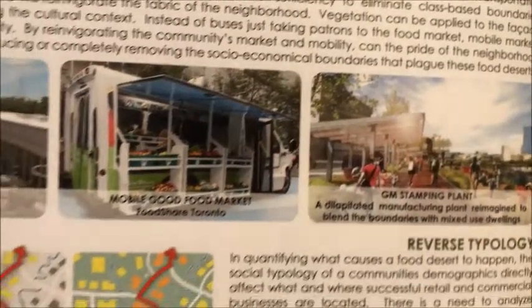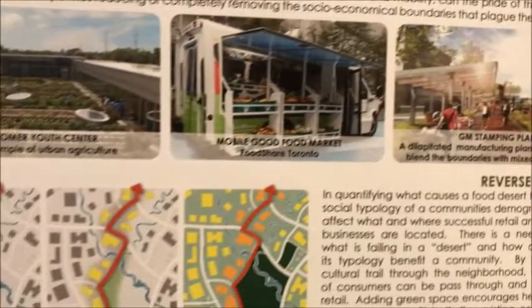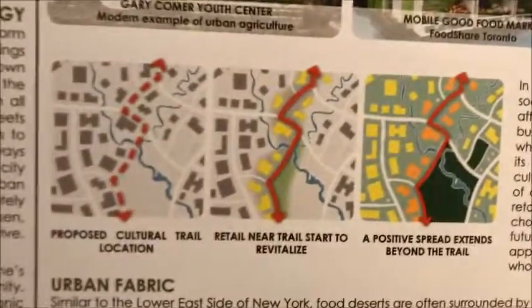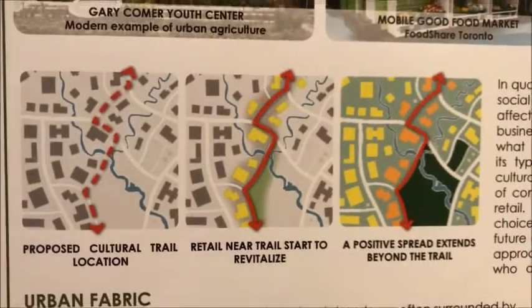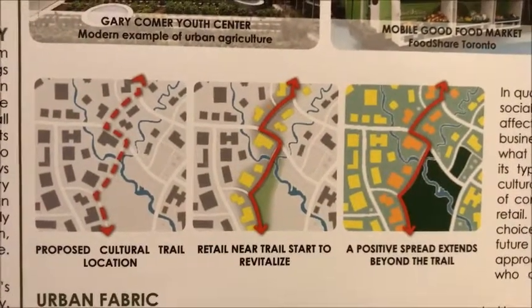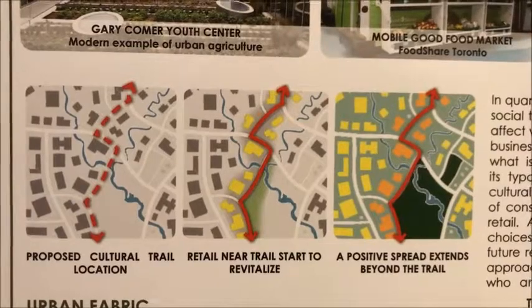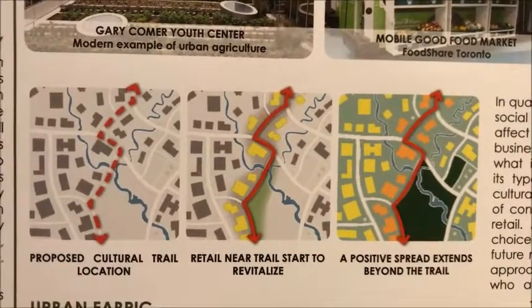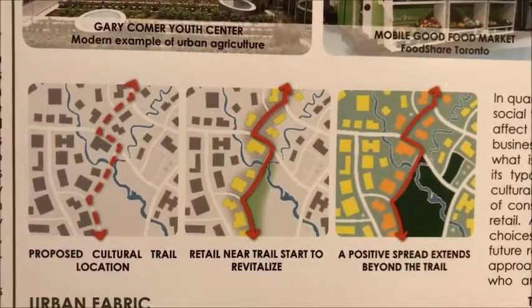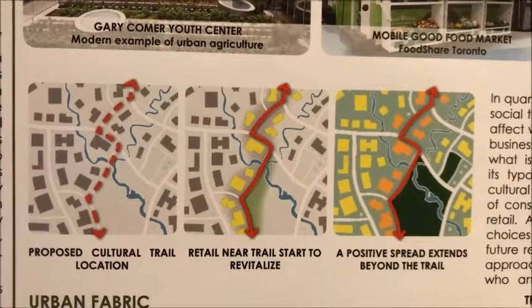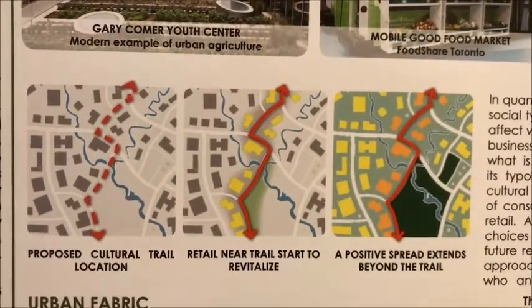Reverse typology. In quantifying what causes a food desert to happen, the social typology of a community's demographics directly affects what and where successful retail and commercial businesses are located. There is a need to analyze what is failing in a desert and how reversing its typology benefits a community.